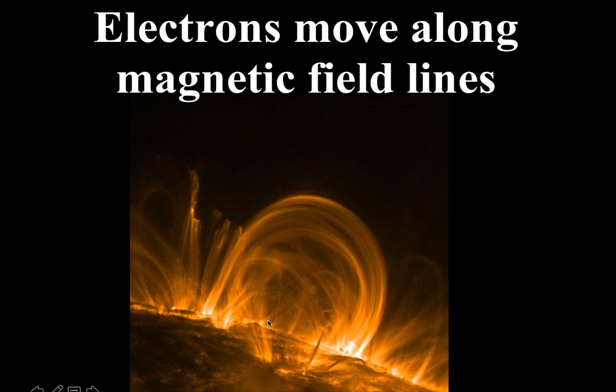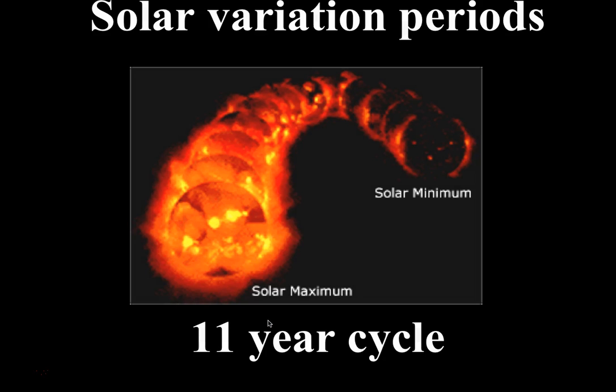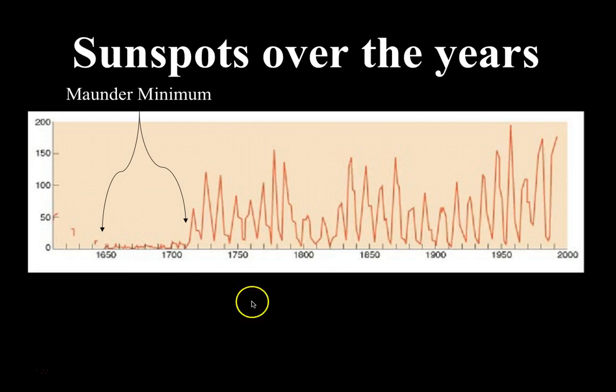All right, so electrons and positrons move in these magnetic field lines. They cause an 11-year cycle from solar maximum to solar minimum. And over the years, we've been observing this sort of behavior for a very long time. This region is called the Maunder minimum, and I'm not exactly sure what has caused it.